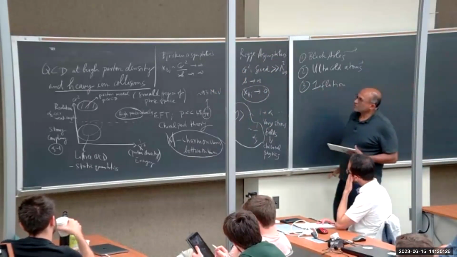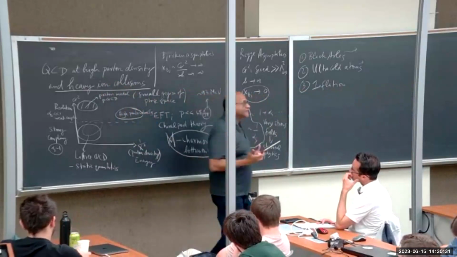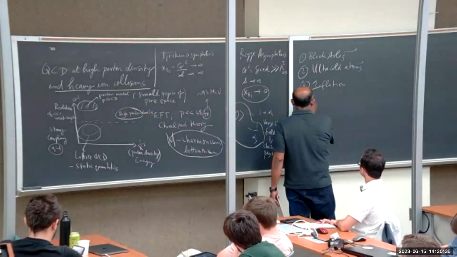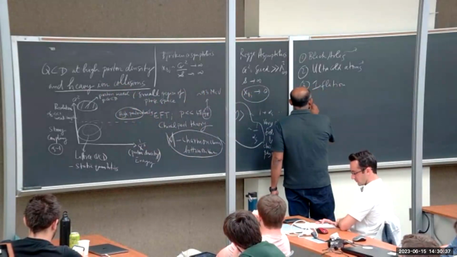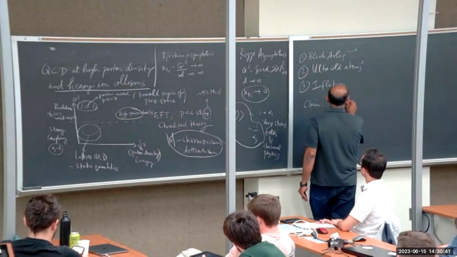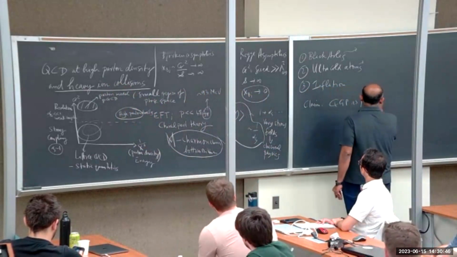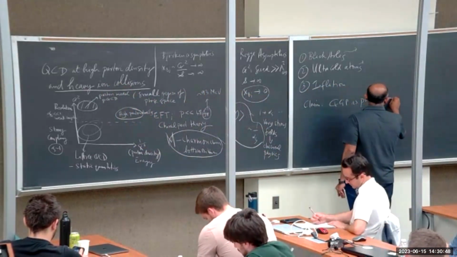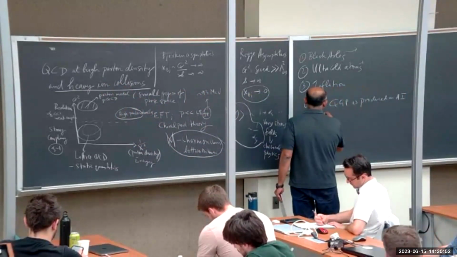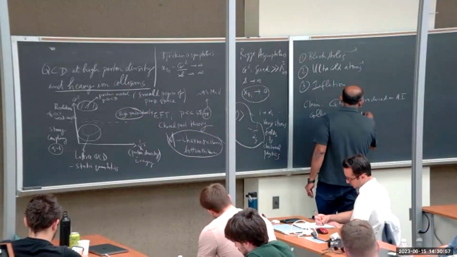The specific one I'm going to be talking about is that of heavy ion collisions, and that's going to be the subject of my next lecture. And so, as many of you heard, the claim that a quark gluon plasma is produced in heavy ion collisions at RHIC and the LHC, right?